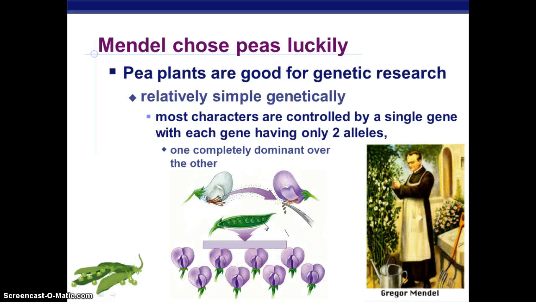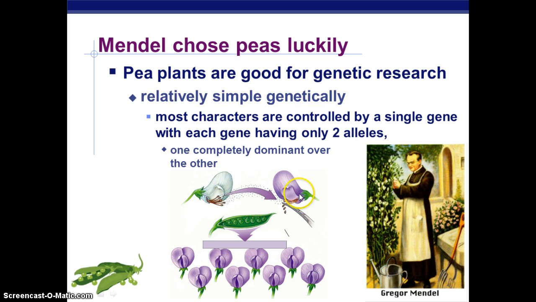Like we said before, pea plants were good because they're simple. They're very simple genetically. Most of the traits that they have are controlled by only one gene, and then there's only two versions of the gene. This is going to come back in this PowerPoint again and again. With flower color, there's one gene that controls flower color, but there are only two versions of the gene.